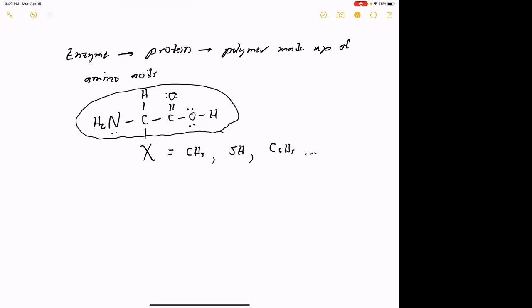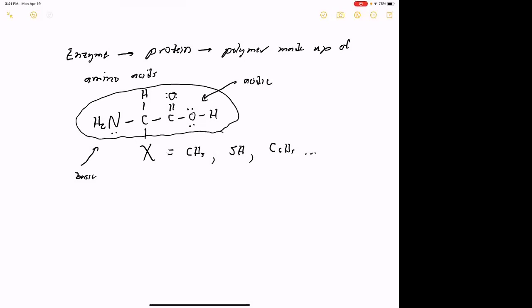Okay, so 20 different possible functional groups or moieties we can hang off of that carbon there that differentiate one amino acid from the other. But from an acid-base perspective, they're all going to pretty much act the same way. So you can see that the amino acid is going to have a basic side. That's the amine. And it's going to have an acidic part, which is the organic acid there.